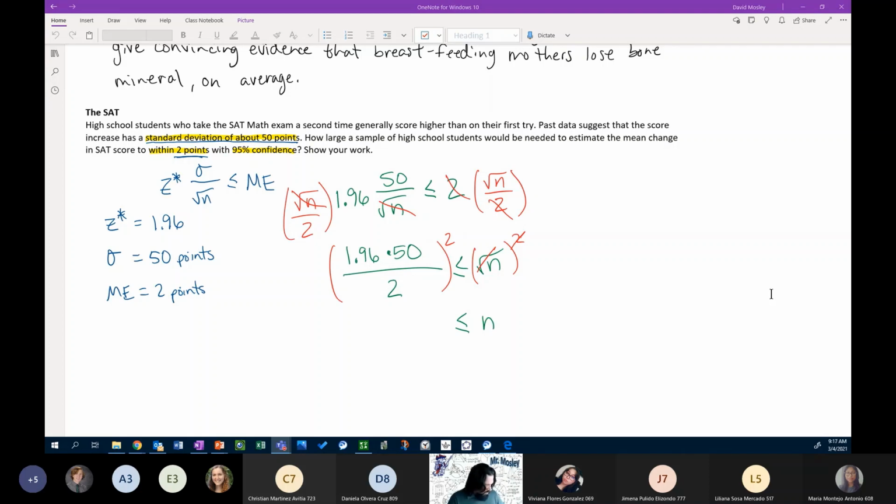And we end up with n being greater than or equal to 2,401. We've actually landed on a whole number, which is kind of nice.